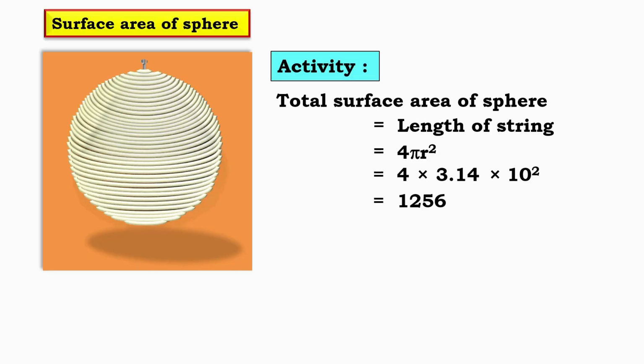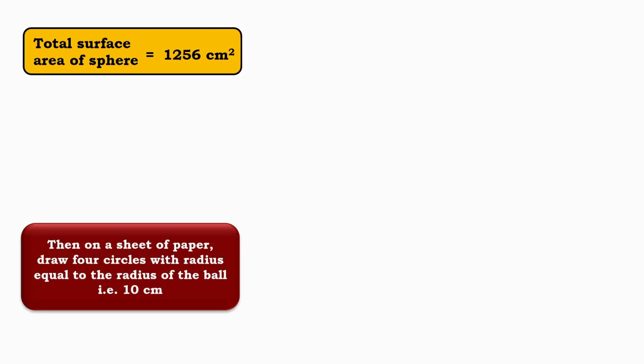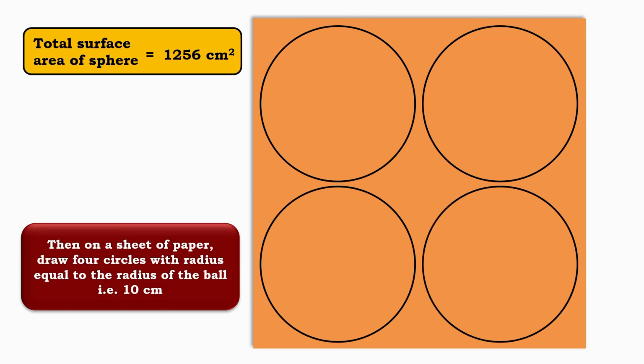So that is coming around 1256. Okay, whatever unit you have considered, that will be unit square. So here 1256 centimeter square. Then on a sheet of paper, draw 4 circles with radius equal to the radius of the ball, that is 10 centimeter. So let us take a sheet and draw 4 circles on it.